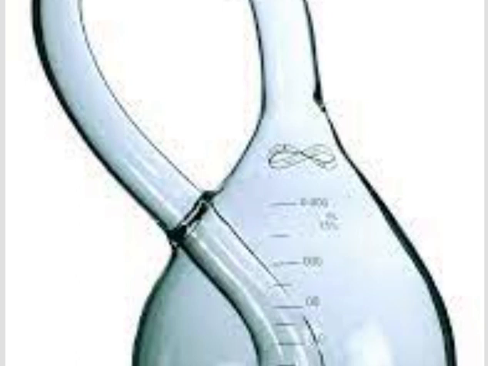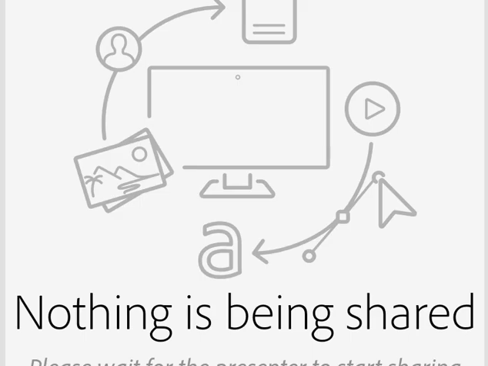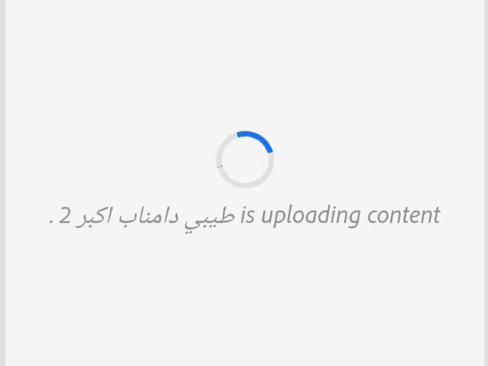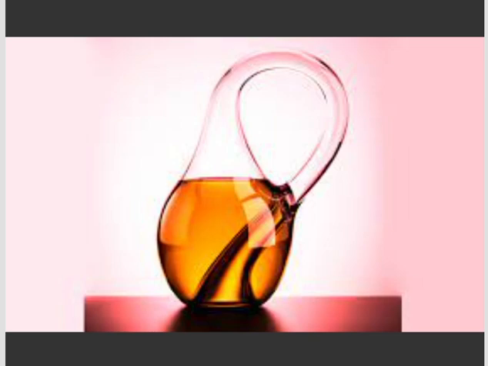I give you another picture of the Klein bottle. Okay, this is the Klein bottle, and it is a complex picture in geometry.